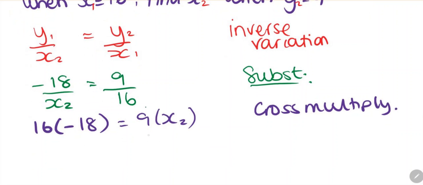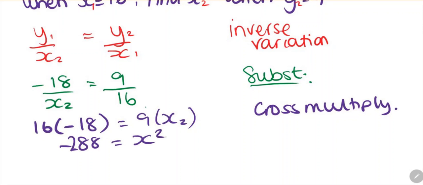Now if we multiply out 16 times minus 18, we will have minus 288.